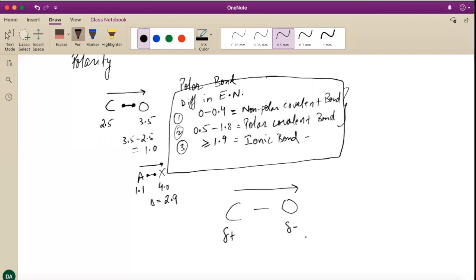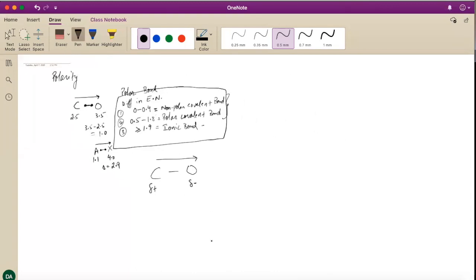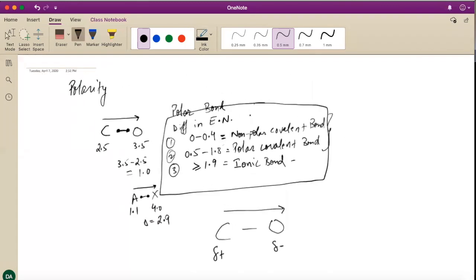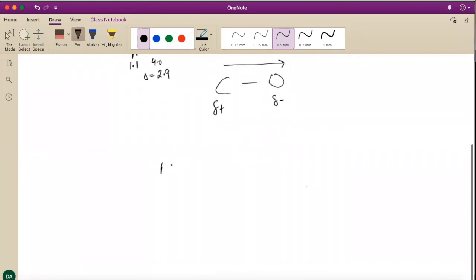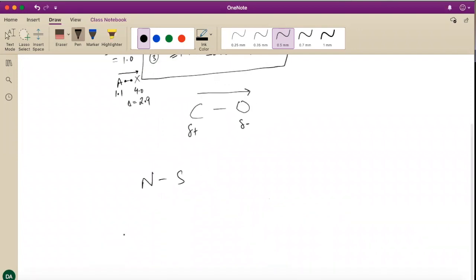Can we do another one, please? Yeah, sure. So let me give you one more example. NS. Tell me which way should I make the arrow and classify if this bond is polar or non-polar. The arrow pointing to the N. Sulfur.